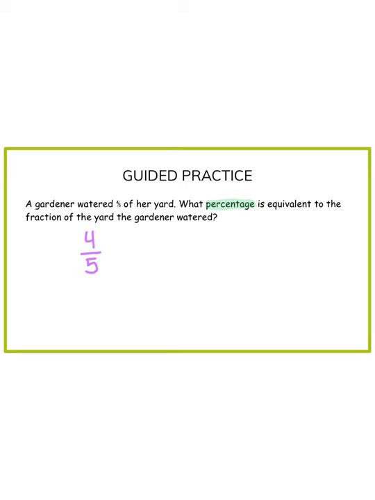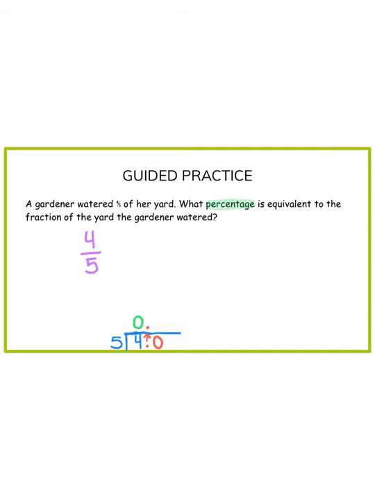So I'm going to set up my division problem and put my numerator inside the house. I know 5 cannot go into 4. So I'm going to put a 0 above the 4, and in order to move on, I need to add a decimal point and a 0 to my dividend and bring my decimal point straight up into my answer so that I don't forget about it.